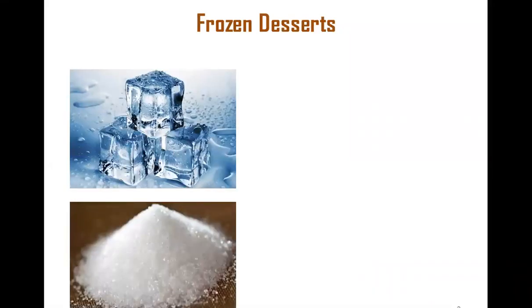So let's understand what is frozen desserts. These are various desserts prepared by freezing, which means the temperature of the dessert is reduced to a sub-zero °C. Initial freezing starts in the freezing machine or directly it is kept in the deep freezer.